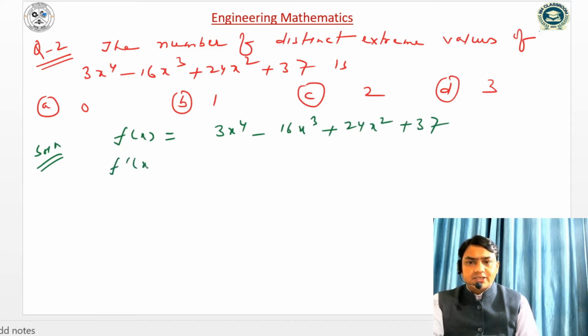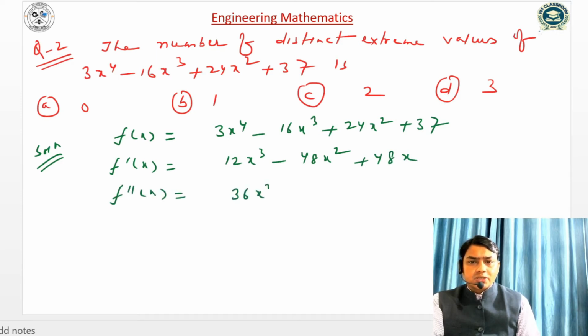So f dash x, if I compute, will be 12x cube minus 48x square plus 48x. Similarly, f double dash x will be 36x square minus 96x plus 48.